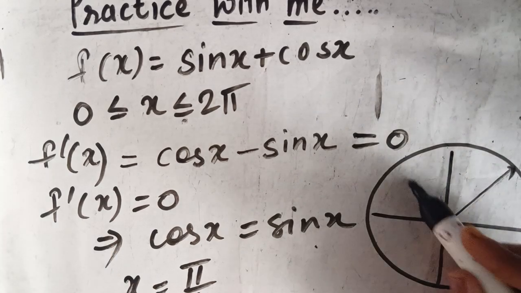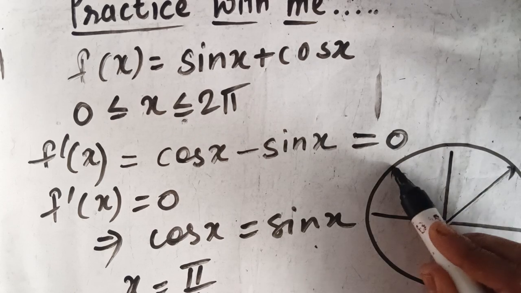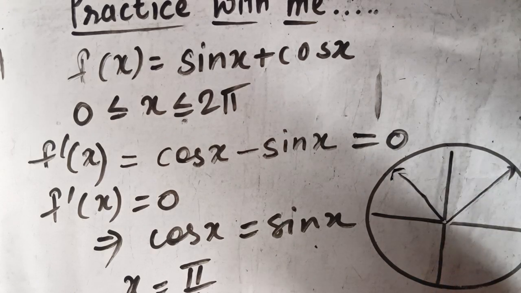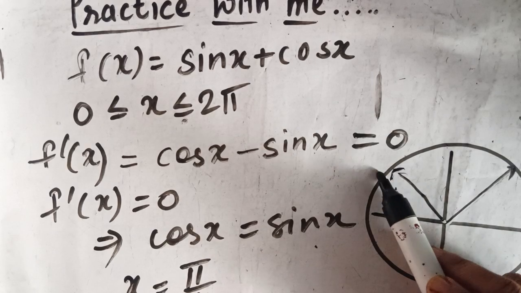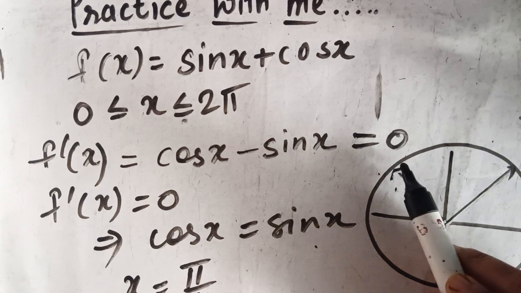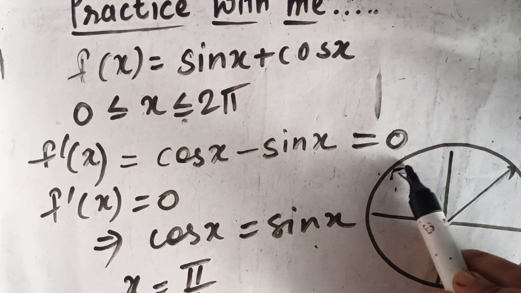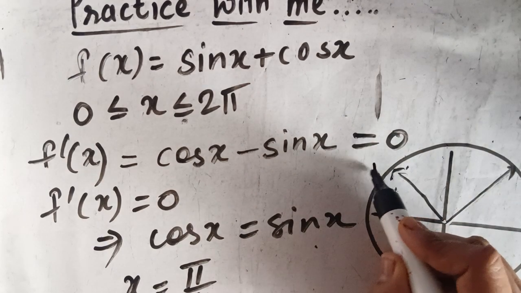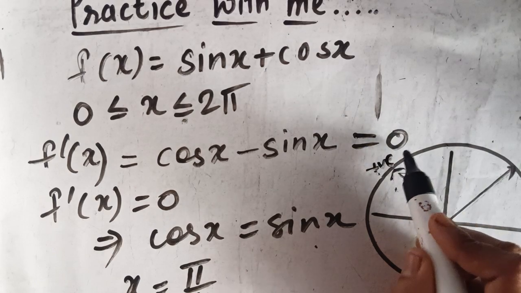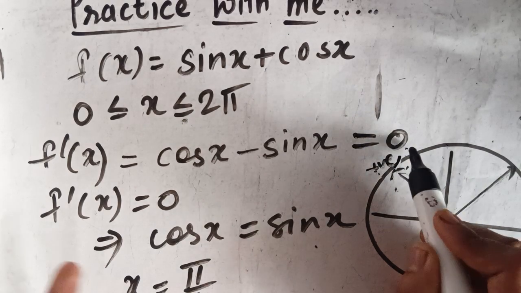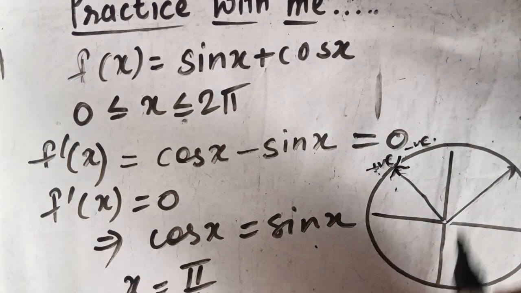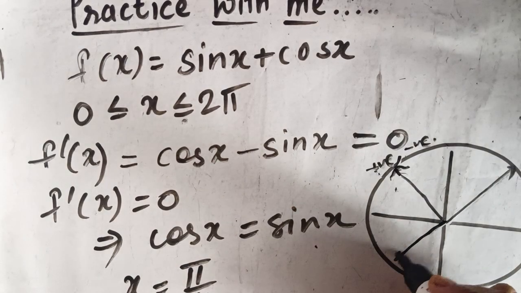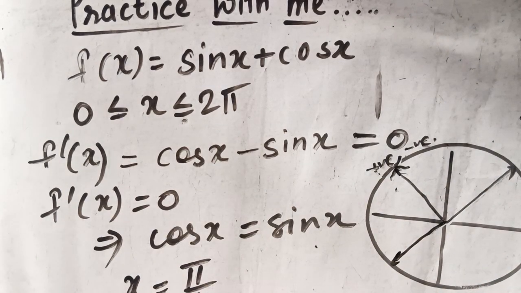Check for 135. In this quadrant sine is positive and cos is negative, so for 135 it's not possible.